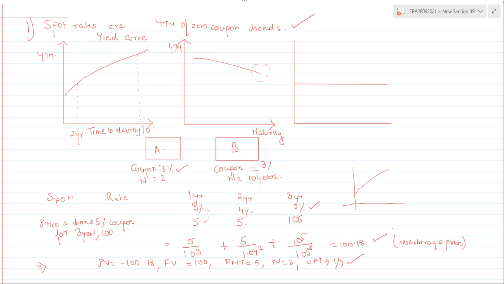While pricing the bond, we are basically assuming that the yield curve would be flat, which may not be the current scenario. The current scenario may be that the yield curve is upward sloping, but while using a single discount rate, we would be assuming that the yield curve is flat.